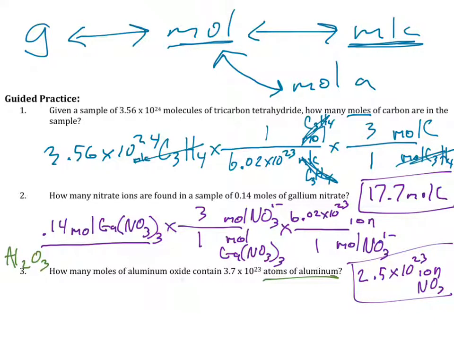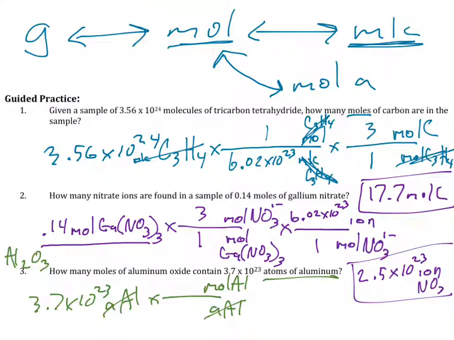All right, so we're given 3.7 times 10 to the 23rd atoms of aluminum. And we can go from atoms of aluminum to moles of aluminum.